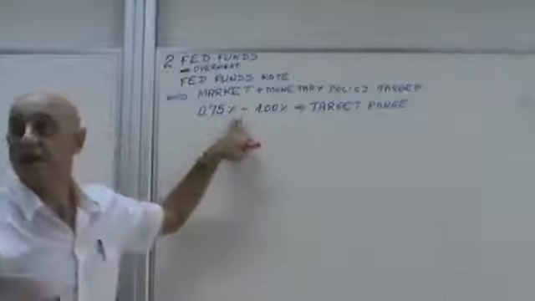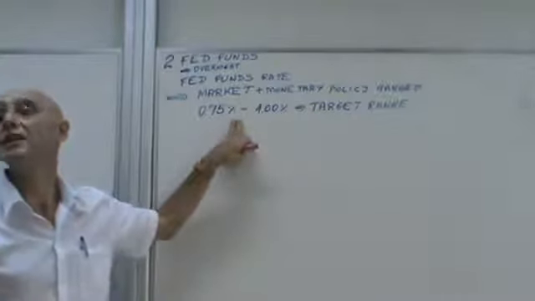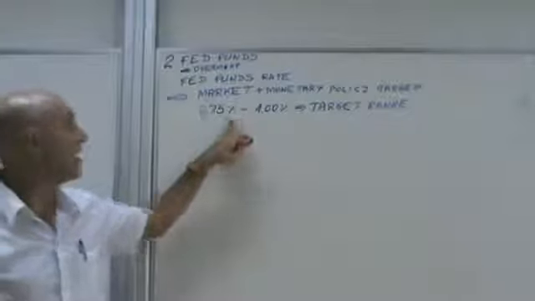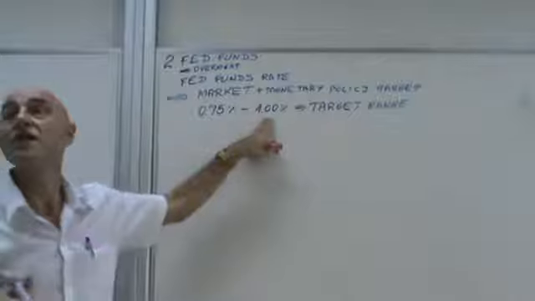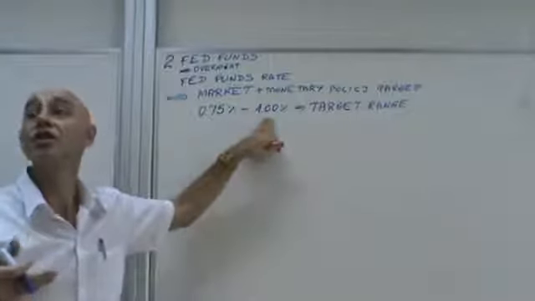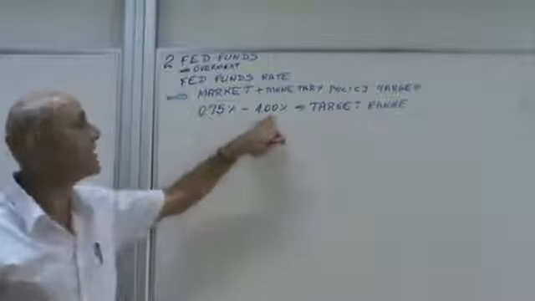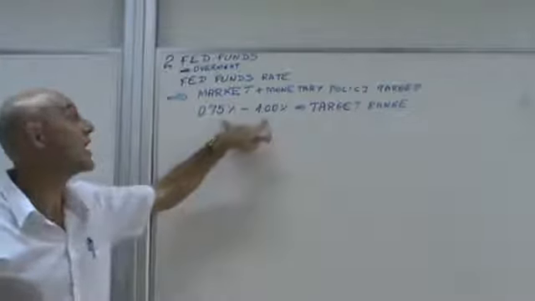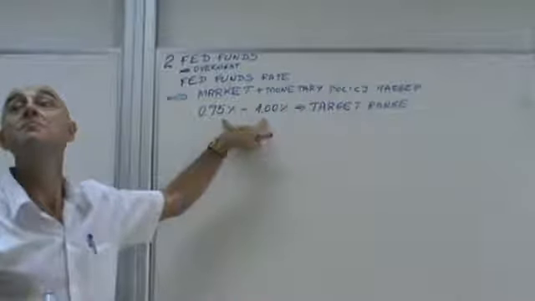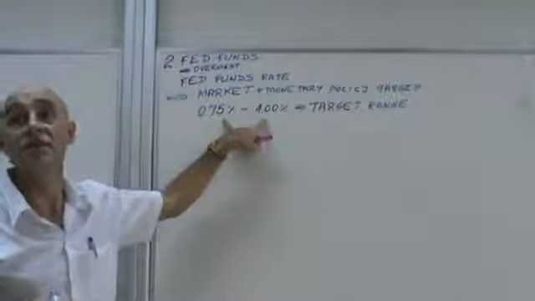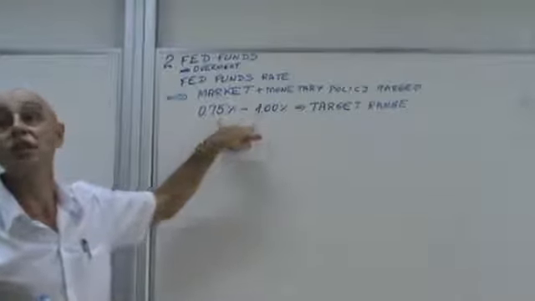If it's inside the range, 0.8, the Fed will do little or nothing. If it starts moving towards 1%, it will begin to intervene. Okay? They will not let it go too far away from the range. So they'll try to make minimum intervention and keep it close or within the range.